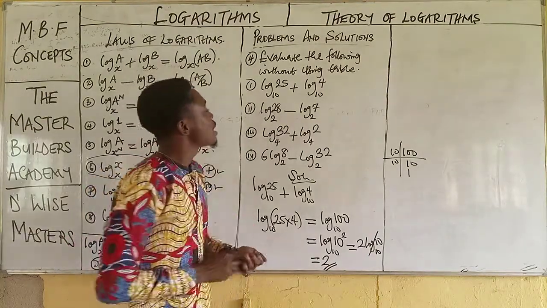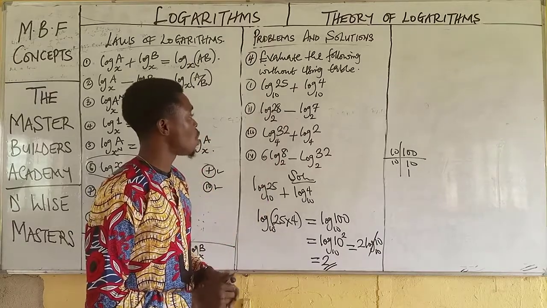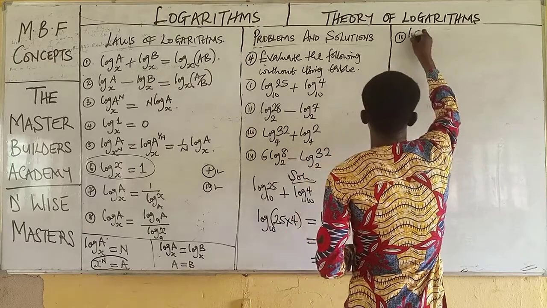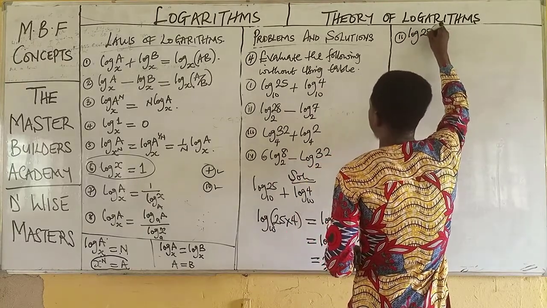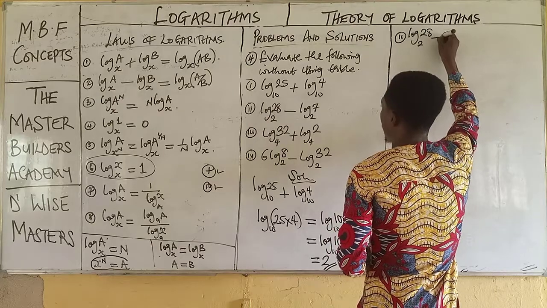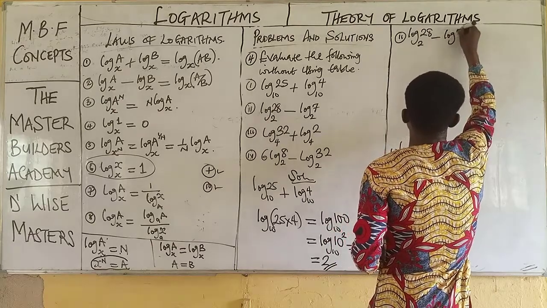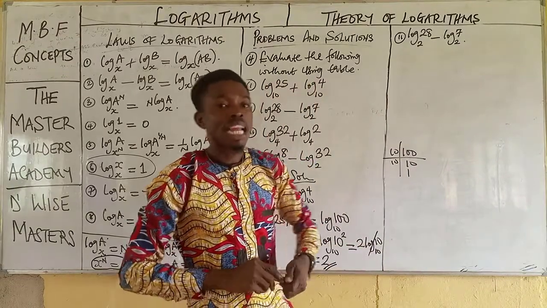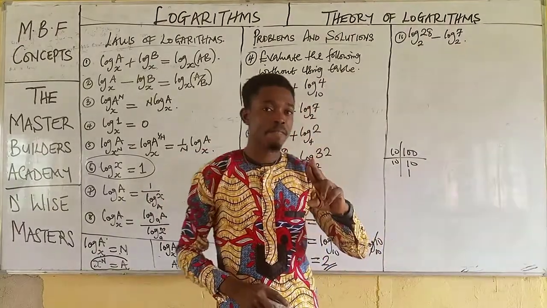Now, let's move on. We have question number 2 on the board. We have log 28 base 2 minus log 7 base 2. Now, we have two logarithms here.